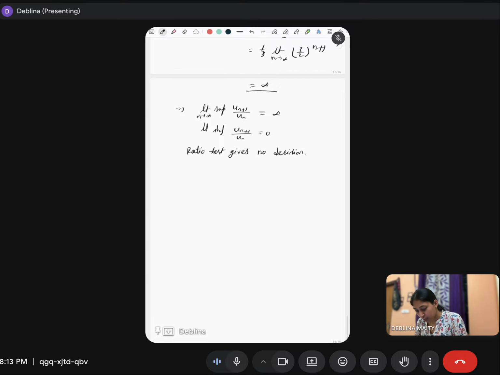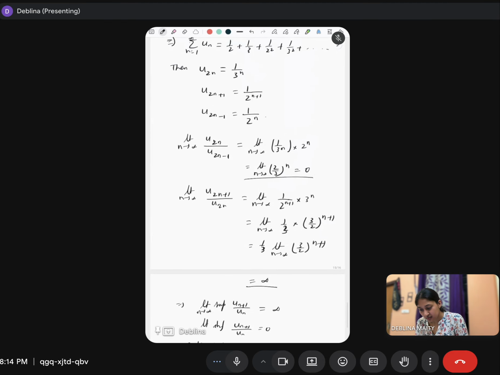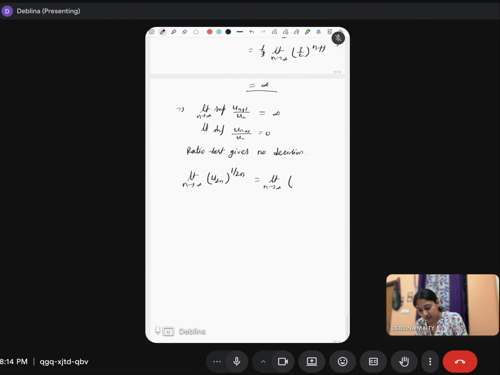So now we'll use the root test, right? For the root test, we'll find the limit as n tends to infinity of u_{2n} to the power 1 by 2n, where u_{2n} is 1 by 3 to the power n, to the power 1 by 2n. So it is basically 1 by root 3, right?